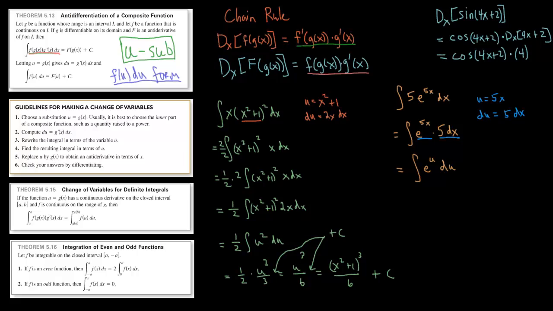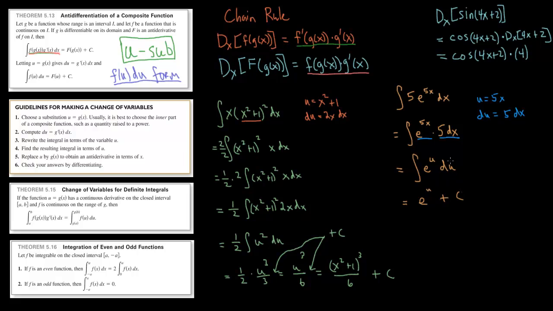And now how do we antidifferentiate e raised to a power? Just imagine that u is just a variable, and it's the same variable as integration. So we know the antiderivative of e to the u is just e to the u plus c.